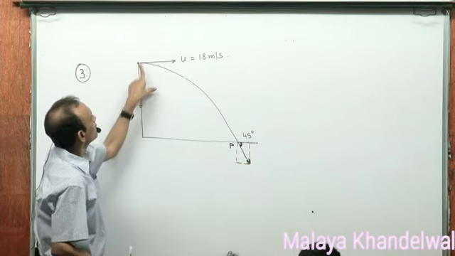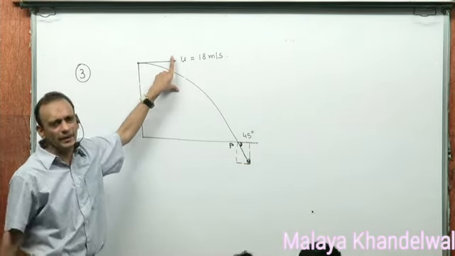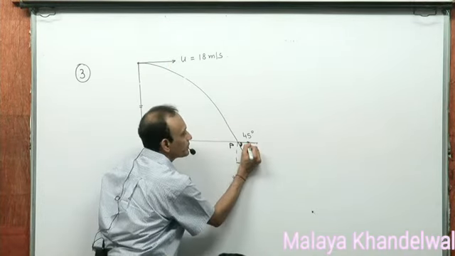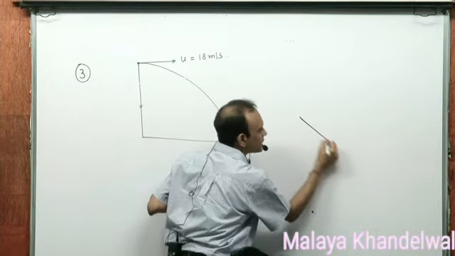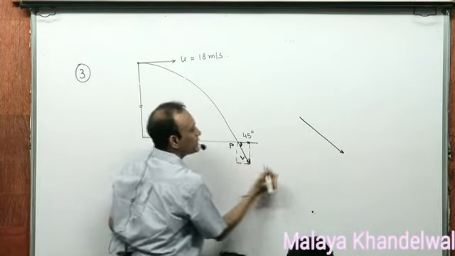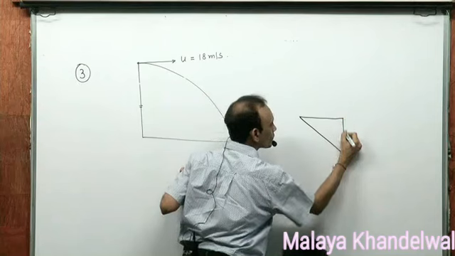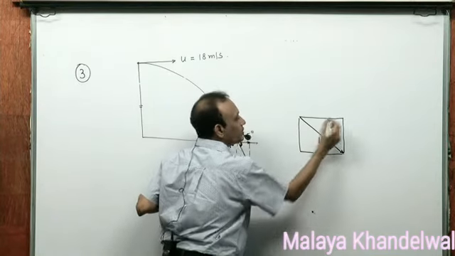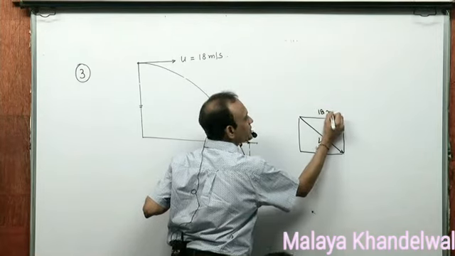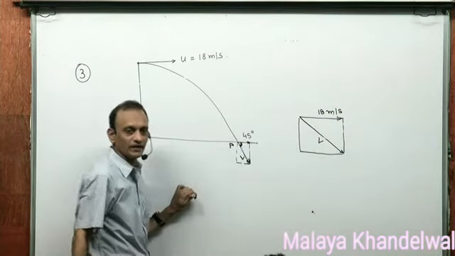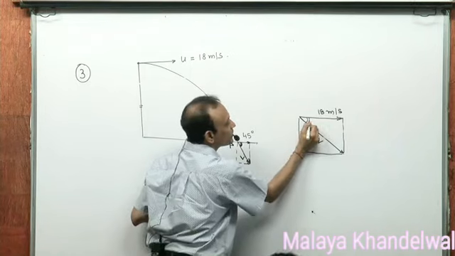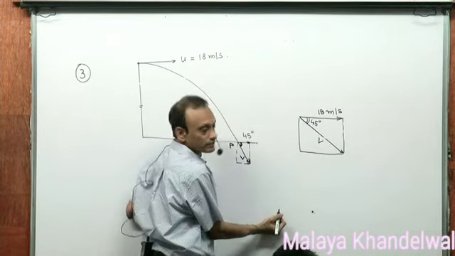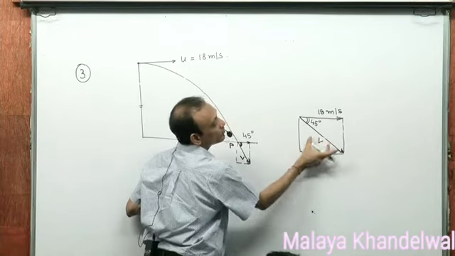Now, the horizontal velocity will remain 18 meters per second at all times. That means, look at this velocity diagram. This is the net velocity vector, say V at P. And the horizontal velocity will remain 18 meters per second. This is 45 degrees. Now, if this is 18 meters per second, then the net speed would be what?